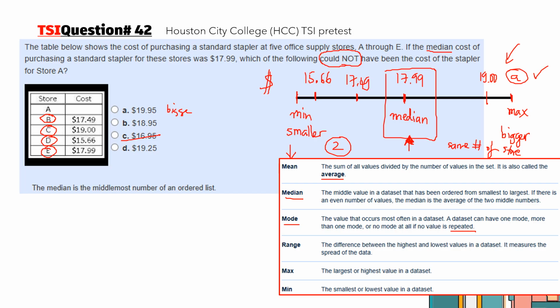We can leave B, it's bigger, 18 something. We can choose D, it's 25, so D is good. The only thing is C, which is 16. With C right here, it makes 3 stores on this side, so C is the one that could not have been the cost of the stapler for store A. So C is the one we choose, because it's not.